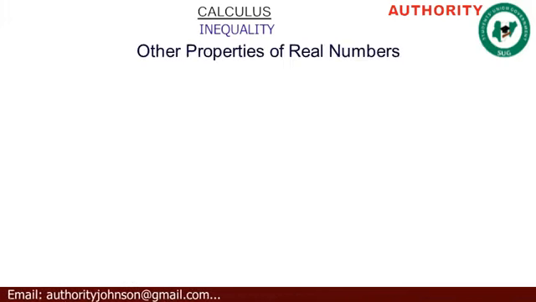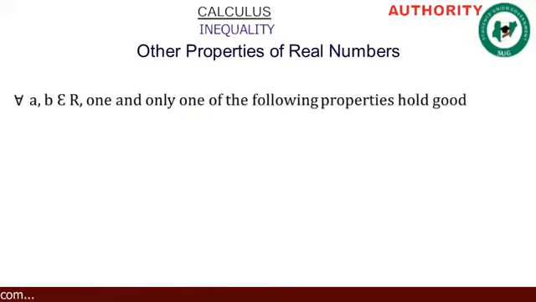Now let's go. Other properties of real numbers. We say that for all A, B, which are real numbers, one and only one of the following properties holds good.